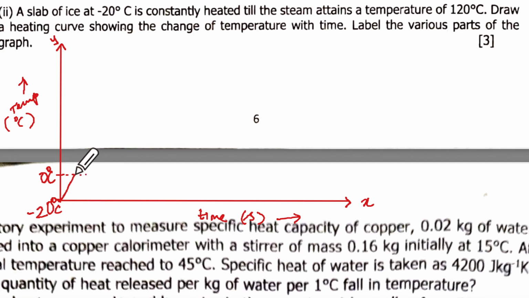Then here ice is going to start melting, so it will melt like this, correct? And then it will increase the temperature till what temperature? Till 100 degrees C. And as I told you, this is a sharp rise in temperature, but remember water has high specific heat, so it will be a gradual rise in temperature.